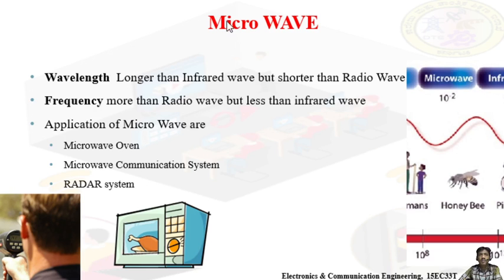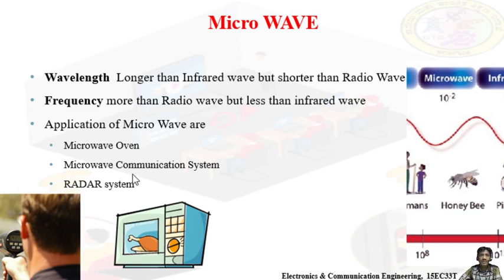Similarly, microwave. Microwave is the electromagnetic spectrum having a wavelength longer than infrared wave but shorter than radio wave, and a frequency more than radio wave but less than infrared wave. The applications of microwave frequencies are the microwave oven, microwave communication system, and radar system.